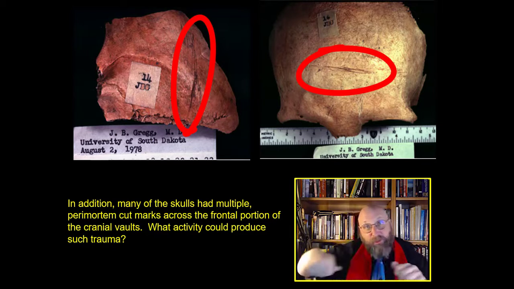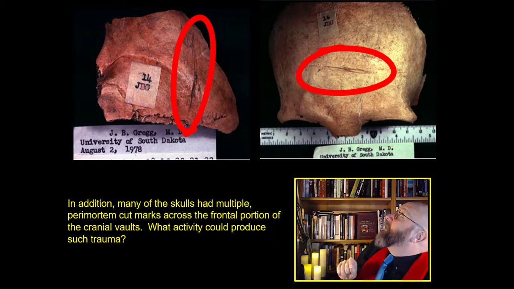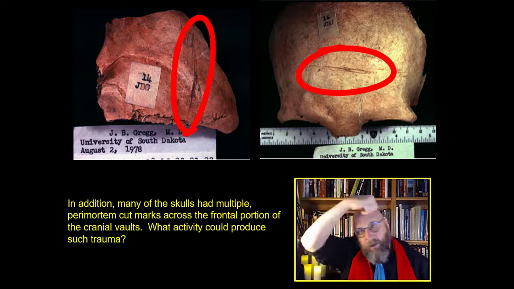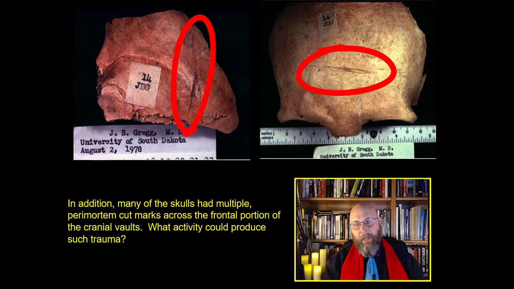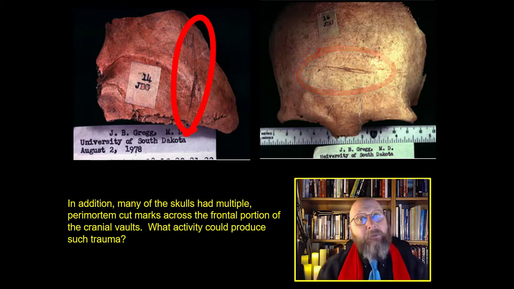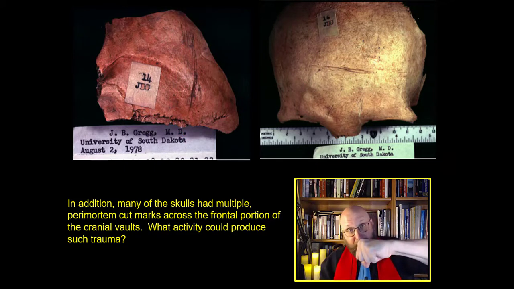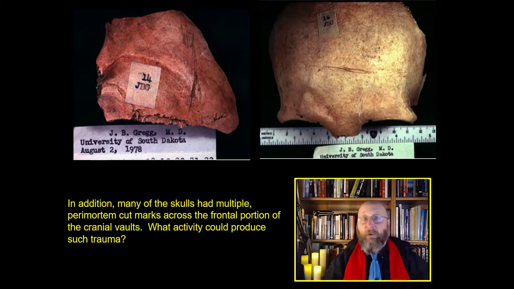That's the result of a stone knife cutting across the front of the cranium. And you can see it very similarly there on the upper left. Parallel cut marks in a row right on the front, on the forehead, in the frontal part of the cranium. And I want you to think what type of activity associated with Native Americans would create this type of trauma, where someone is, for instance, grabbing onto somebody's hair and making about a dozen cuts across their forehead.